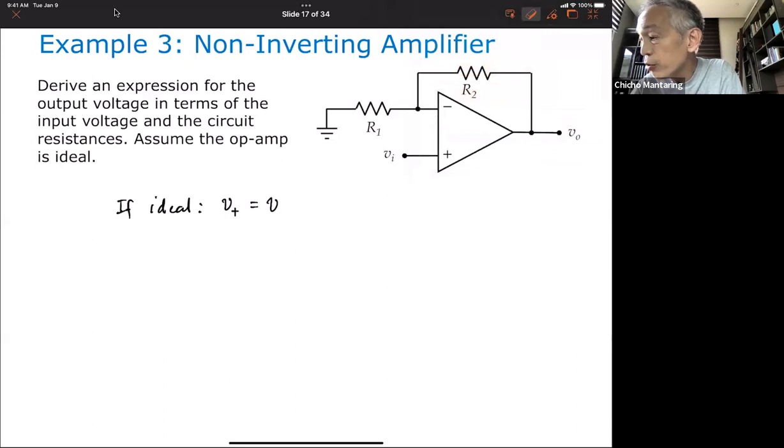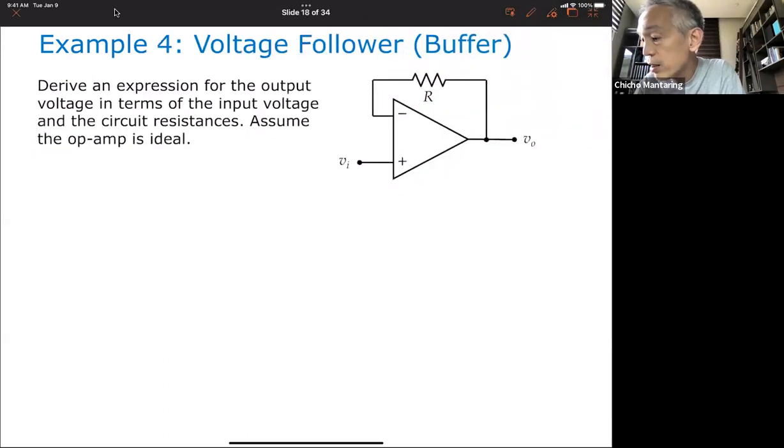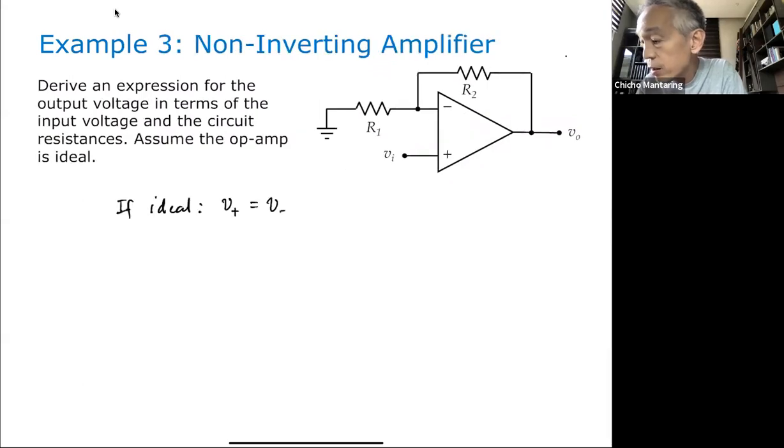V plus is equal to V minus. But what is V plus? In this case, it is VI.